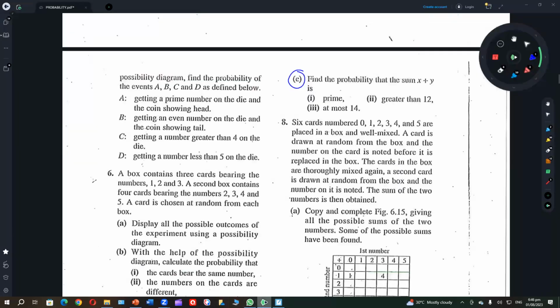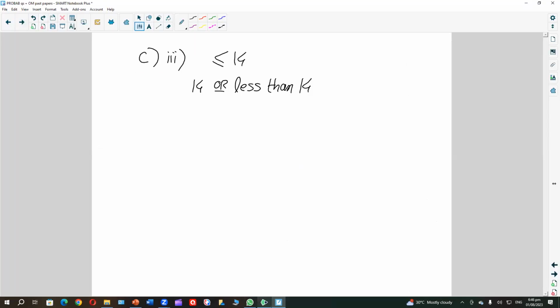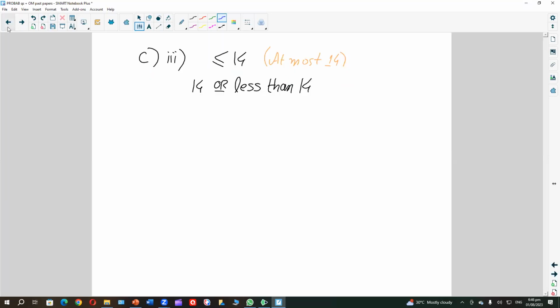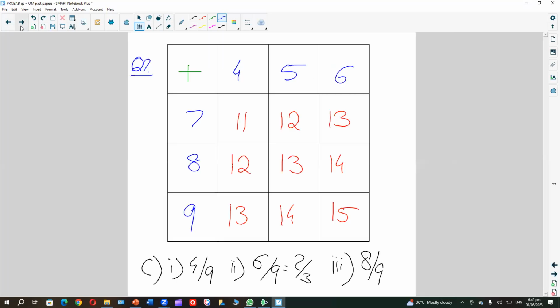He uses the word at most 14. So less than 14. Yes, better you copy this screen also. That will give you reference, at most 14. 6 over 9, I think. 14 or less than 14.